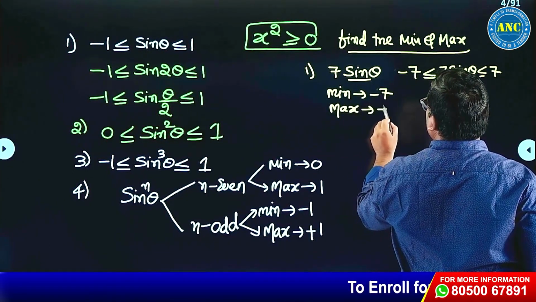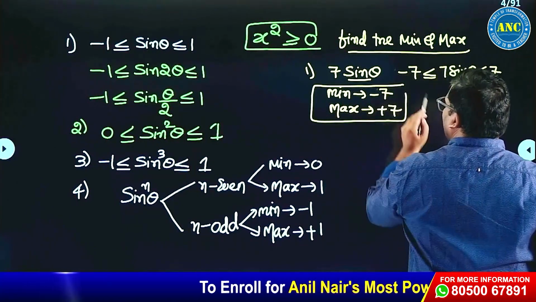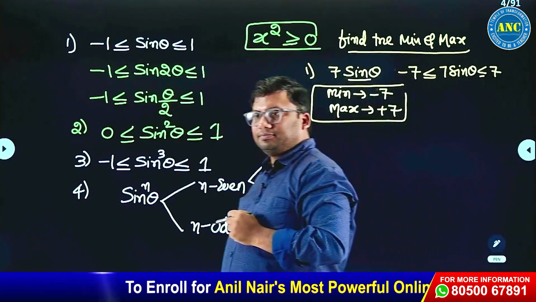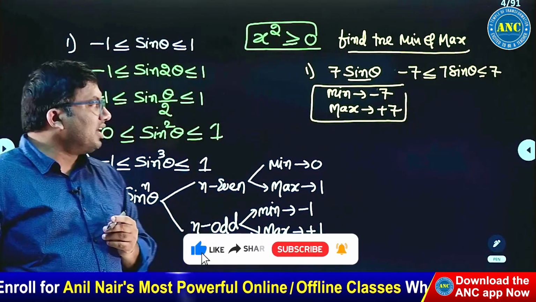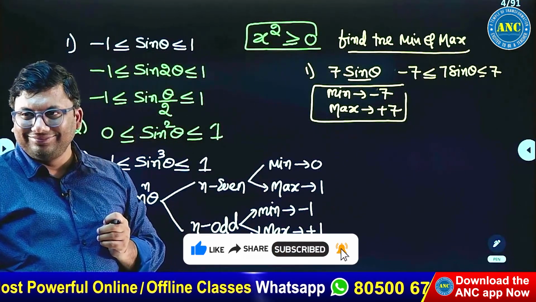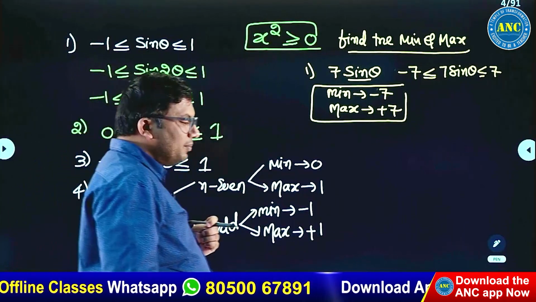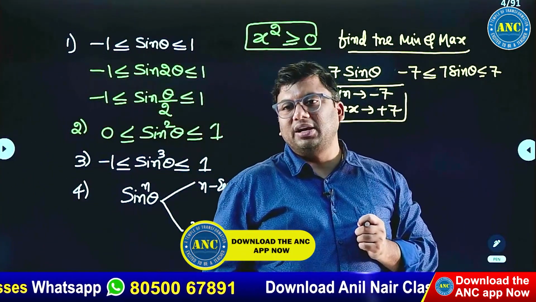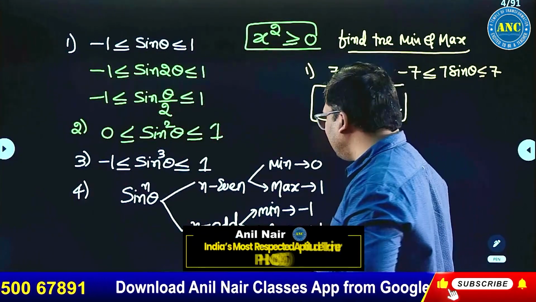Please write down. First question. Minimum is minus 7. Maximum is plus 7. Sin theta minimum value is minus 1. Sin theta maximum value will be plus 1. 7 into minus 1 is minus 7. 7 into plus 1 is plus 7.